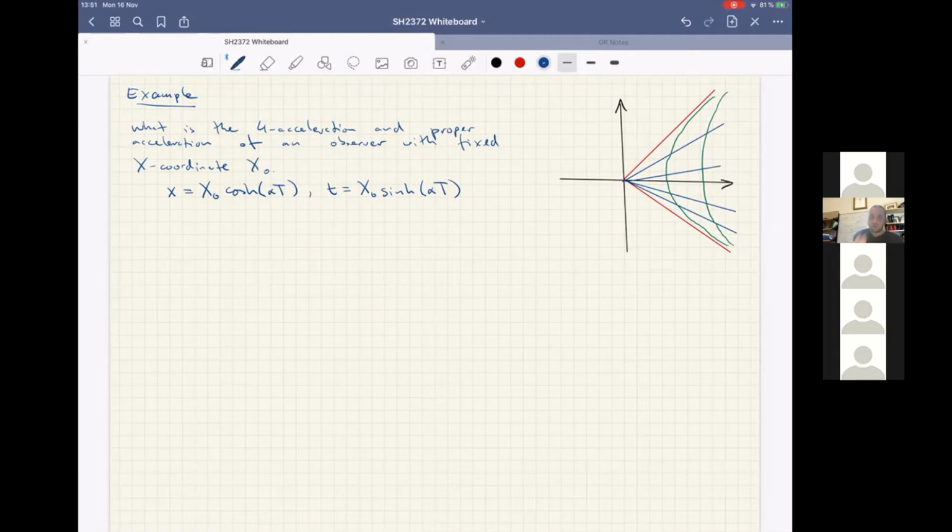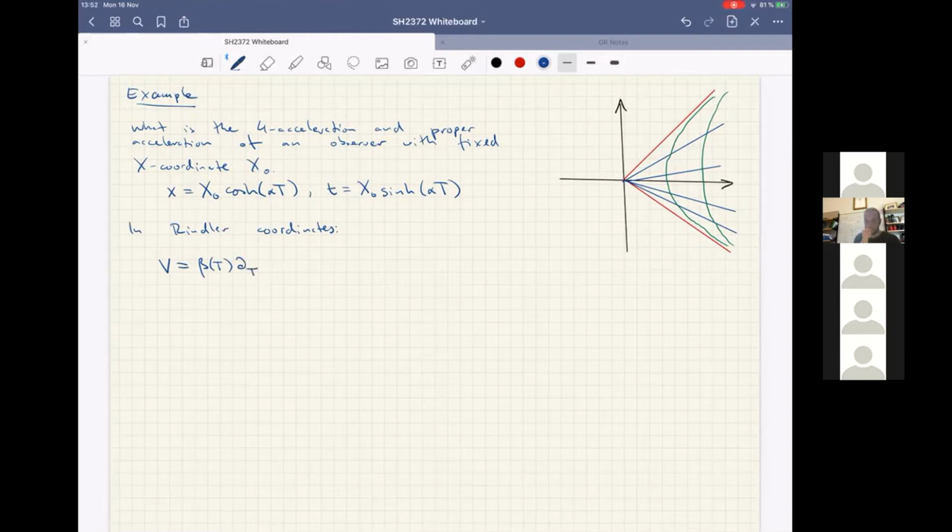Now, if I go to Rindler coordinates, I know that the 4 velocity, since I fixed the x coordinate in Rindler coordinates, is going to be some function beta that only depends on t times dt.